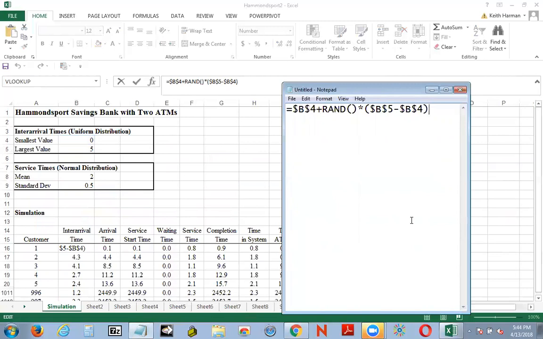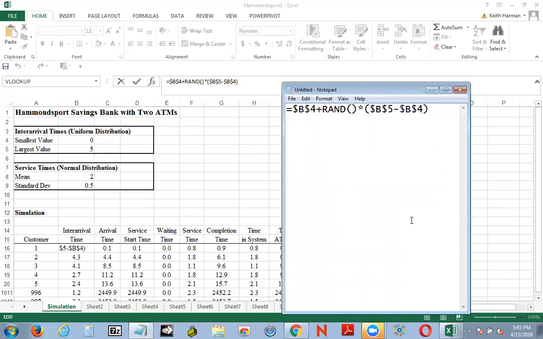Plus some randomly generated number. Now we're using the rand function, so we're generating a random number times B5, which is the largest value, minus B4.